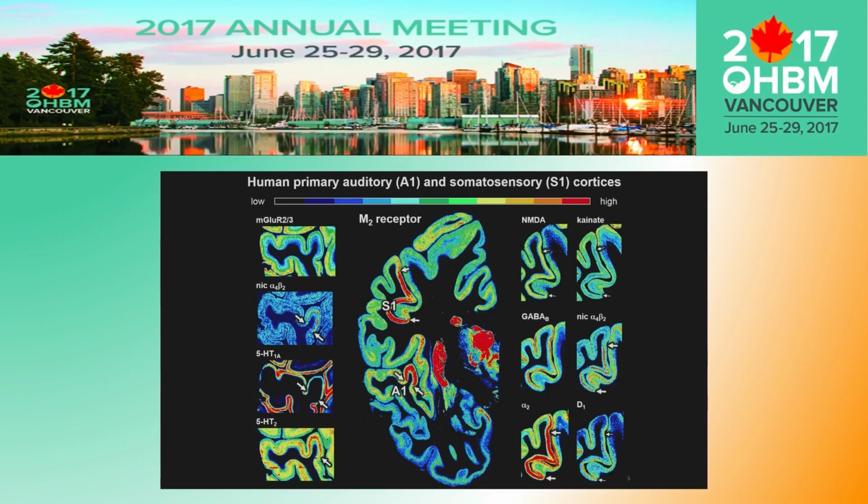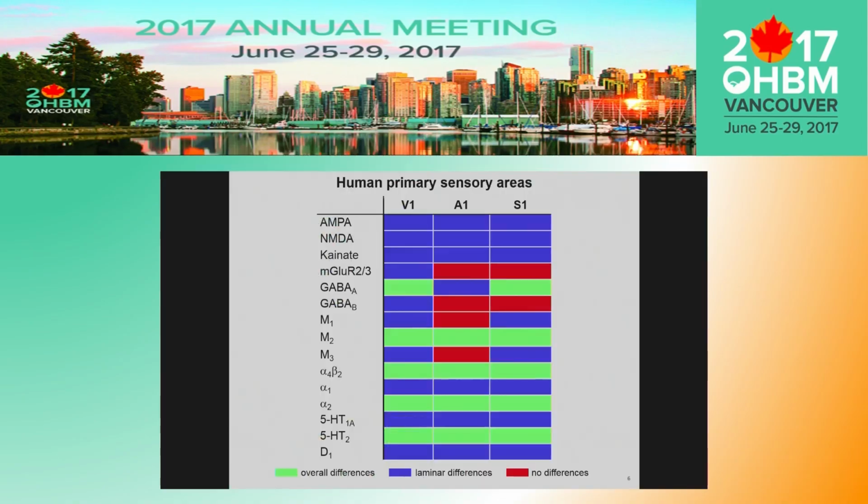Summarizing the results of receptor distribution patterns in human primary somatosensory, primary visual, and primary auditory cortex, we can say that only 4 receptors, which are the ones highlighted in green, the muscarinic M2 receptors, the nicotinic alpha-4 beta-2 receptor type, the serotonin 5-HT2 receptors, and the adrenergic alpha-2 receptors, show the borders of all three sensory areas.